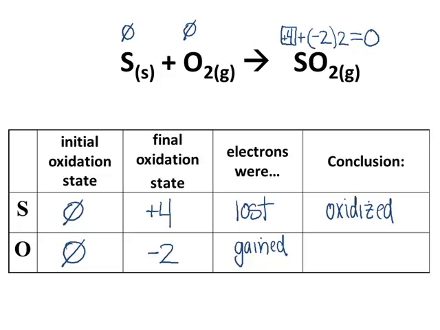Even though it looks like there's some inequality here, remember, there were 2 oxygen atoms. Each one gained 2 electrons. So while the sulfur lost 4 electrons, the oxygen, each one, gained 2. The result is we conclude that oxygen was reduced in this process. And it kind of makes sense to say that something was reduced if it started at 0 and ended reduced to -2.